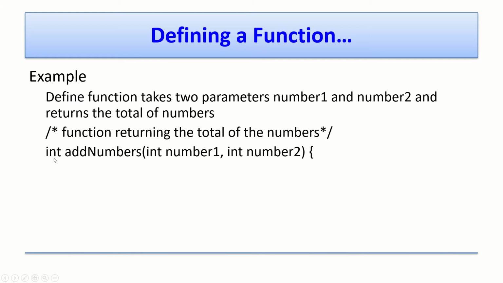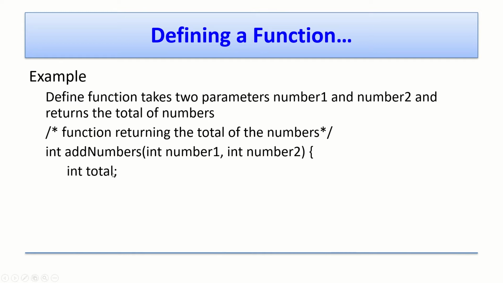Here I specify the return type as integer, and this is my function name, or identifier, addNumbers. Usually we have to use a meaningful name as the function identifier. Then these are the parameters. It takes two parameters, number1 and number2, both of integer data type.